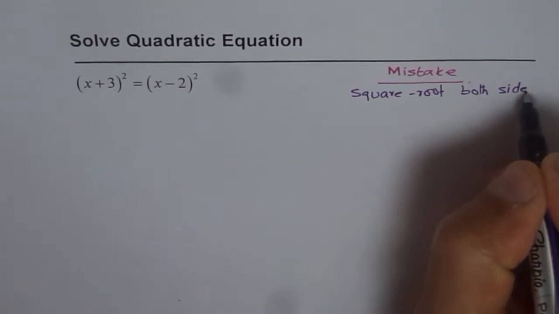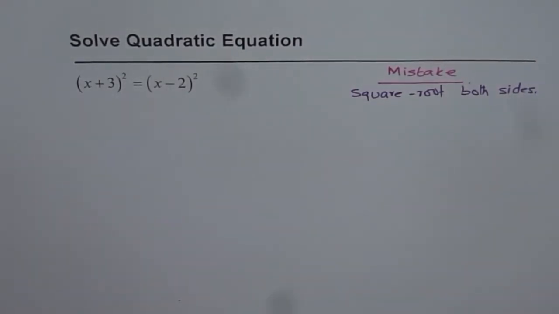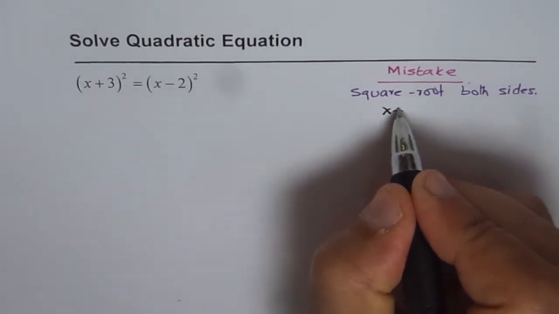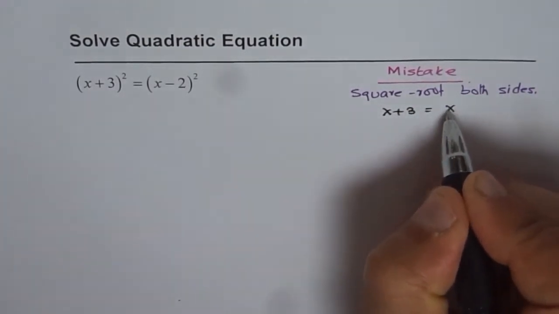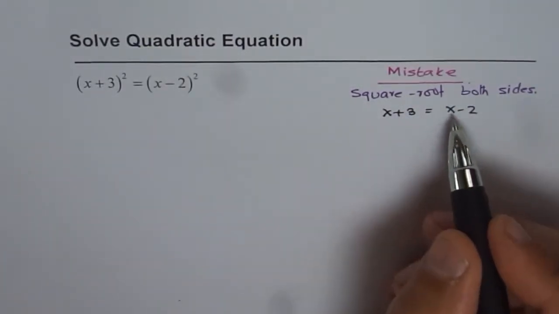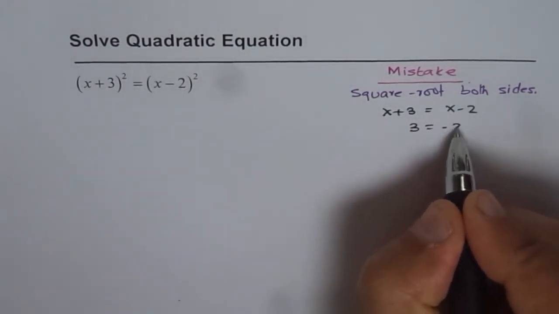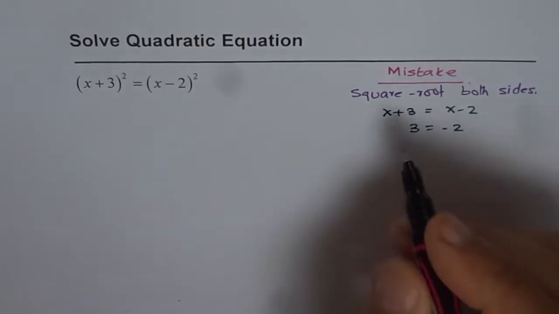Now if I square root both sides, what do I get? I'll get x + 3 = x − 2, and that means x and x cancel out. So I got 3 = −2, and that means no solution, right?